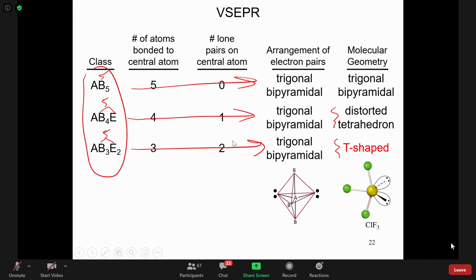Okay. This starts to get kind of complicated in terms of the geometries. And I'm not going to be as gung-ho for you to know things like distorted tetrahedron and T-shaped as I am the stuff that we've covered up until now.